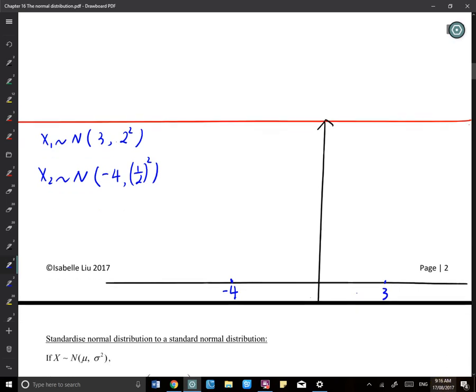Which graph will get a higher one? Which graph is higher, x1 or x2? Second, x2 will get a higher graph because half is smaller than 2. So we will have a graph.